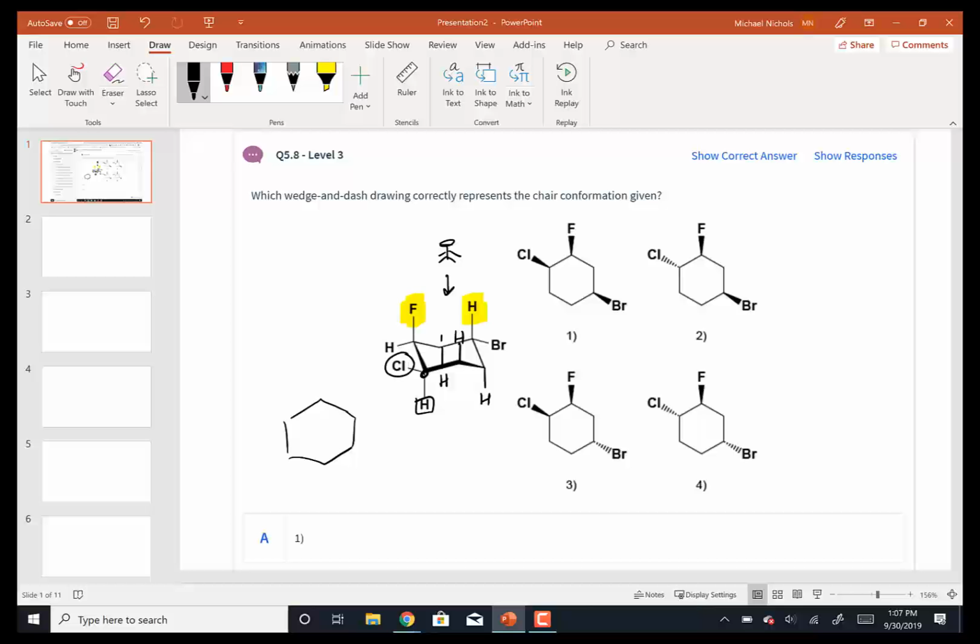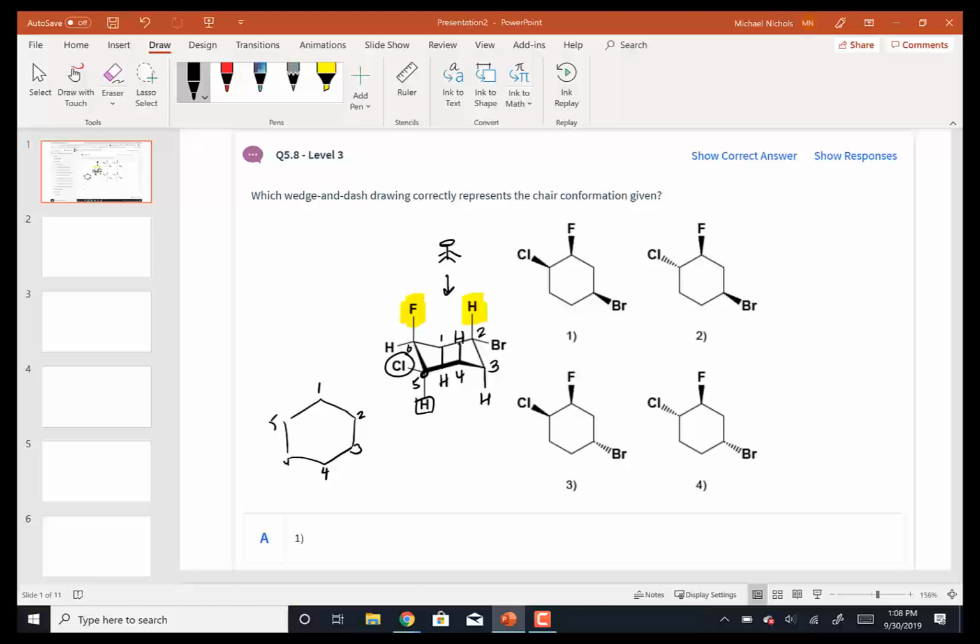The ring itself is going to be carbon 1, carbon 2, carbon 3, 4, 5, and 6. So carbons 1 and 4 are the ones that are behind and coming towards you. And then the 2 and the 3 and the 5 and the 6, we're going around the ring this way. Okay. So looking at that, what's attached to carbon 1?